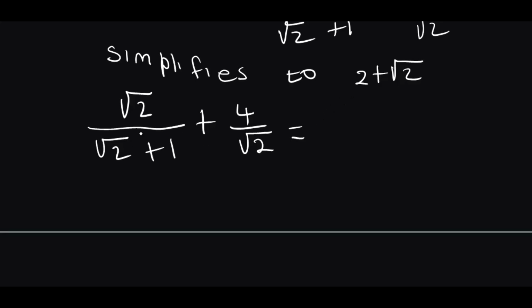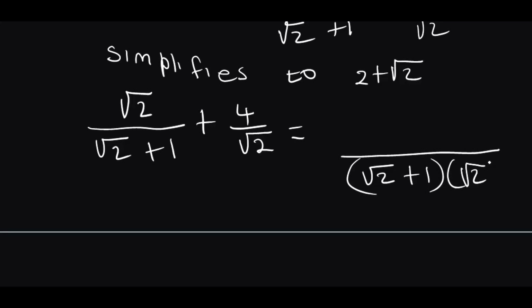Right, here we can use two methods. We can find the LCD of this. The LCD here is square root 2 plus 1 and square root 2. Right, this divided by this is 1.